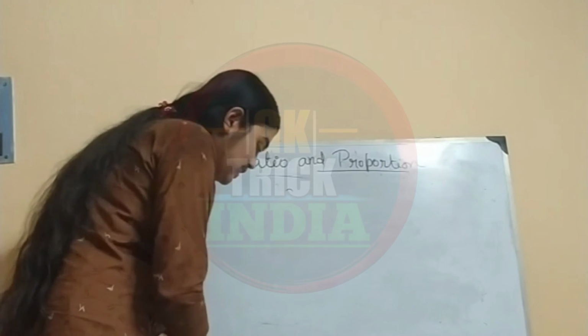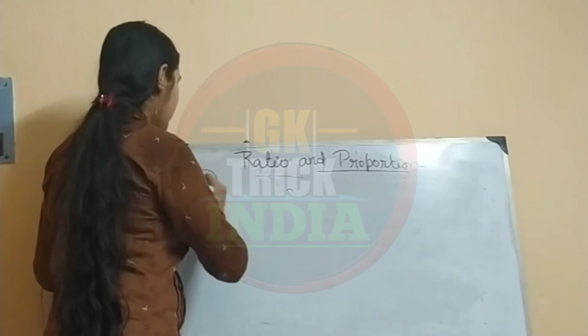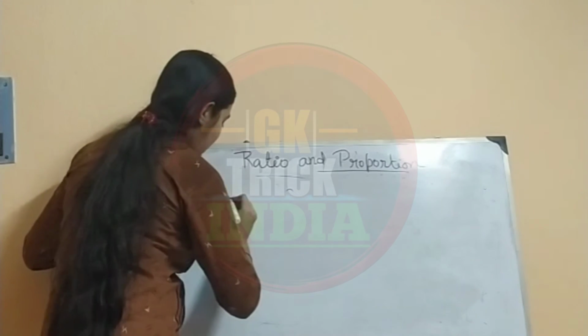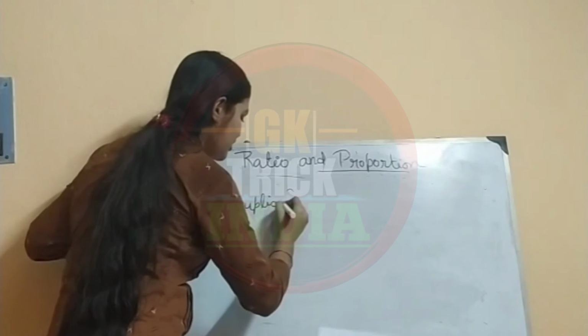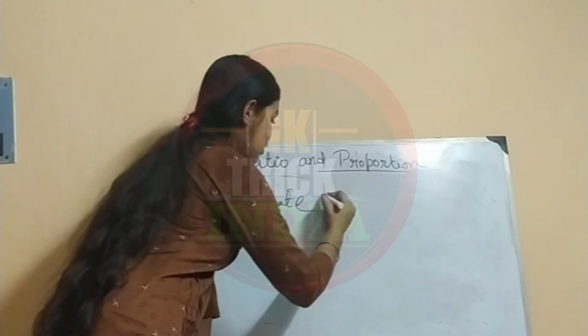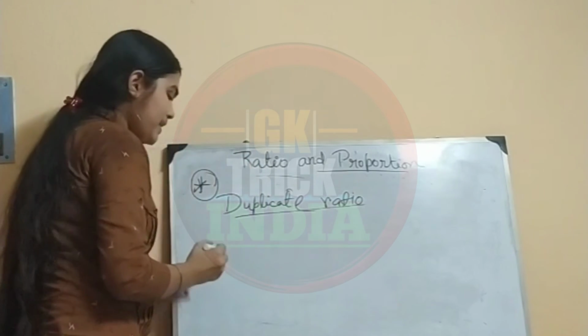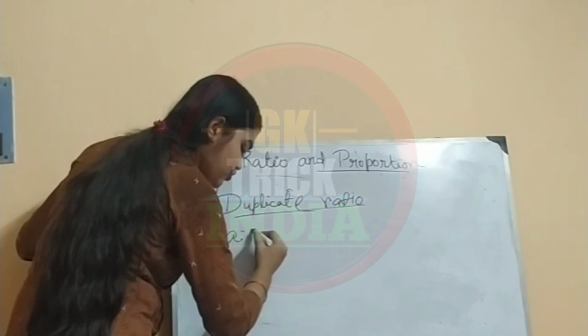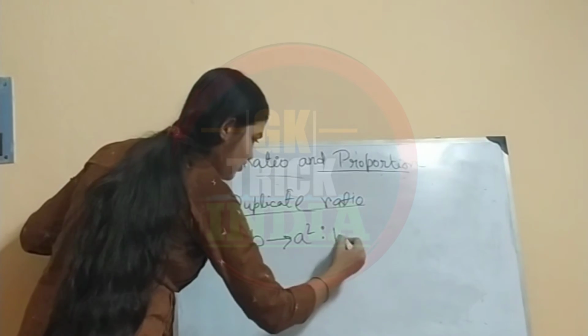There are three more important things which you have to remember. Duplicate, or double. Actually not double, it's termed as duplicate. Duplicate ratio. What is this? Duplicate ratio of A is to B is A square is to B square.